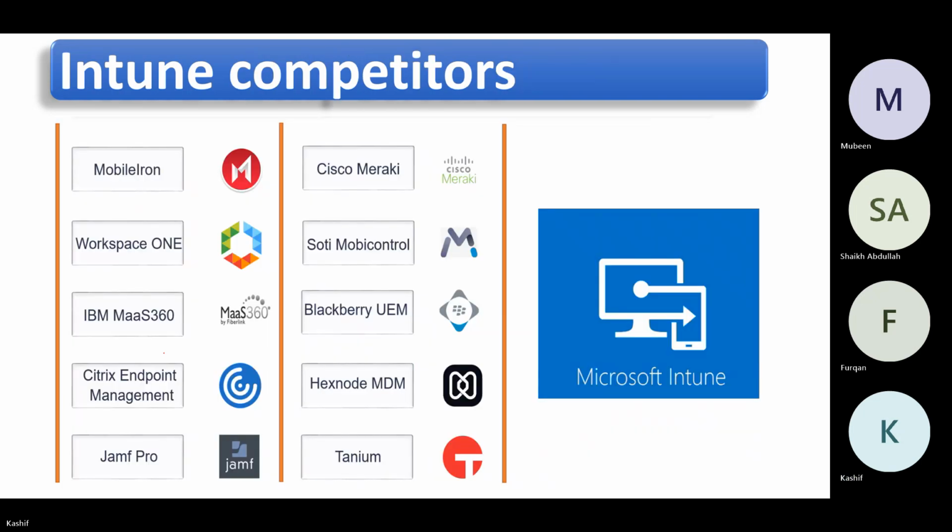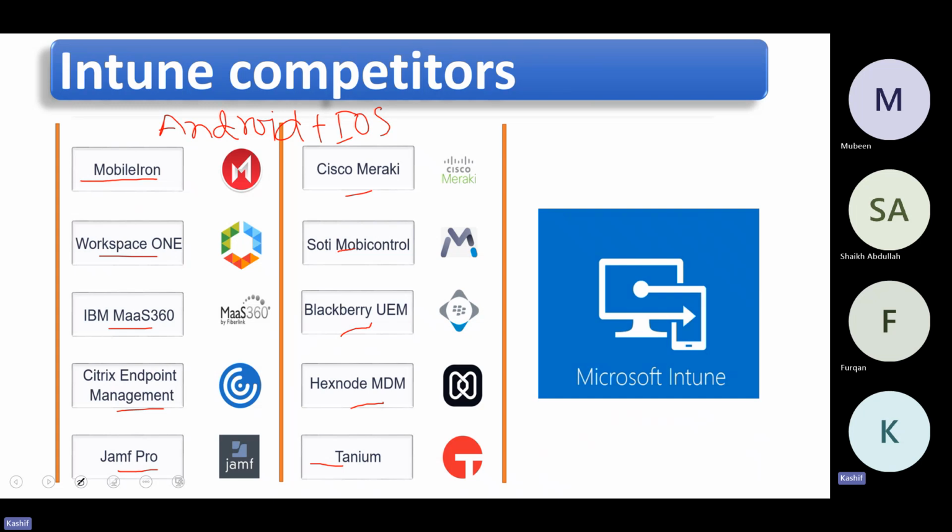Okay. Now Intune has competitors. Intune has various competitors like MobileIron, Workspace ONE, IBM MaaS360, Citrix, Jamf, Tanium, Hexnode, BlackBerry, Soti, Cisco. These are the competitors of Intune. But these competitors, they are focusing mostly on Android plus iOS devices.